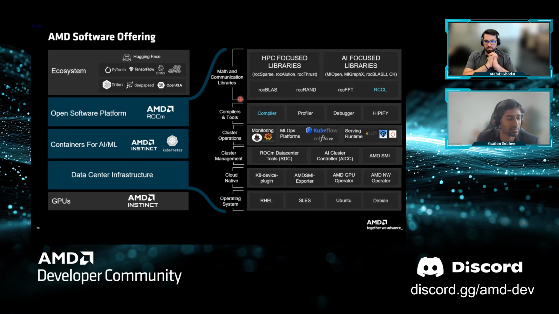In there, you have things that make all of that possible. These components are really useful. For instance, if you want to understand how your AI workload is behaving on the hardware, we have profilers. For instance, ROCprof is one of the profilers part of the ROCm stack. Debuggers as well. Of course, if you do HPC, we have the Hipify tool for converting CUDA code into HIP code, and so on and so forth.